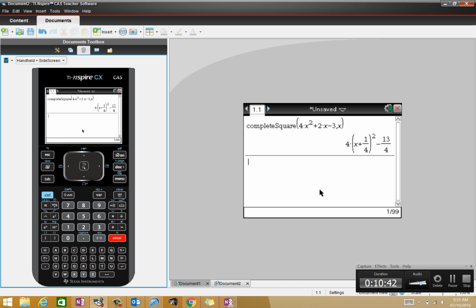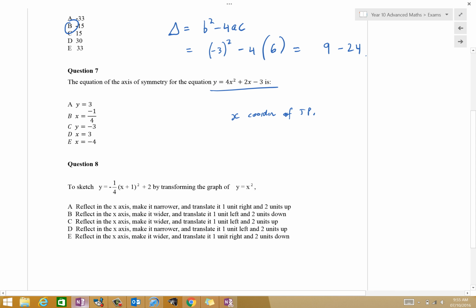In other words, we've moved this to the left 1/4. So therefore, the x-coordinate of the turning point is negative 1/4, which means the axis of symmetry is x equals negative 1/4. All right. Now, so the answer, therefore, is x equals negative 1/4.